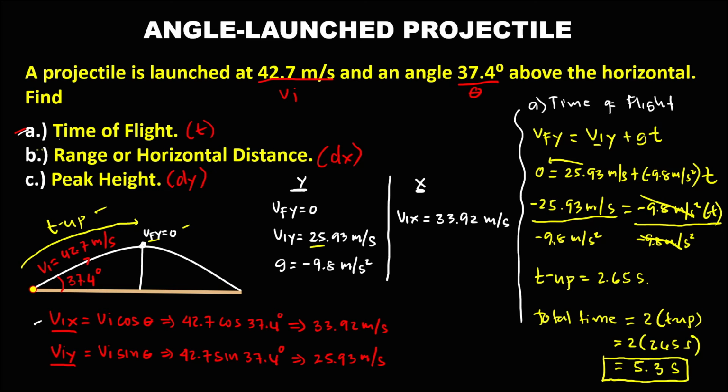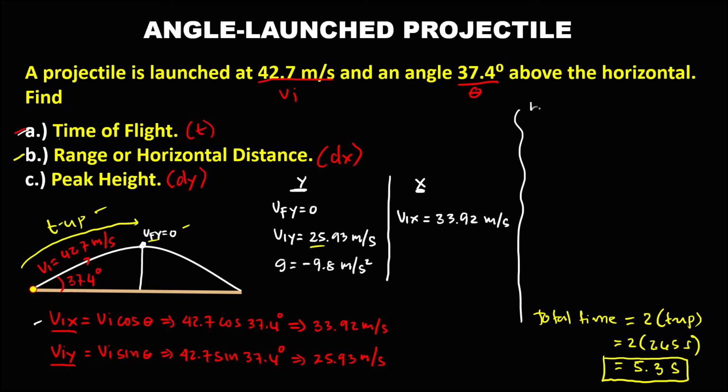Then this time, to solve for the range, or the horizontal displacement, using this formula, we have dx equals Vix, the initial velocity for x, times the total flight time. Then substitute the values to solve for the range.